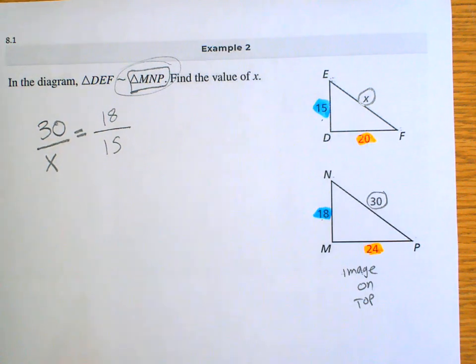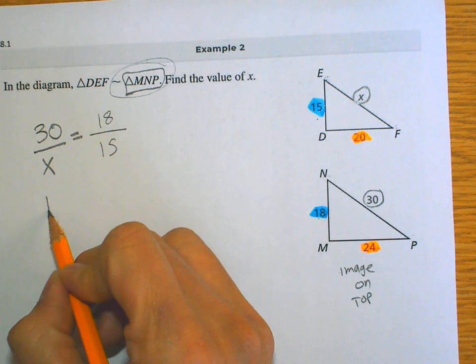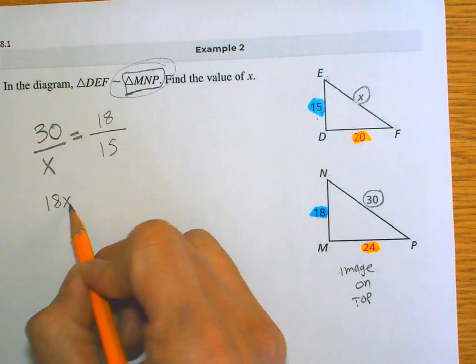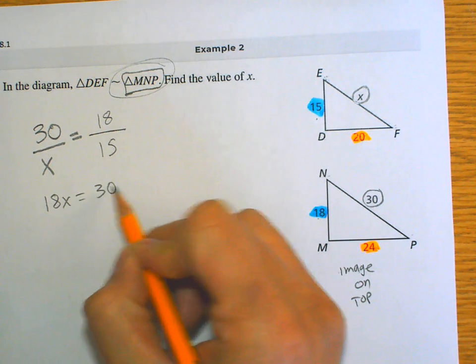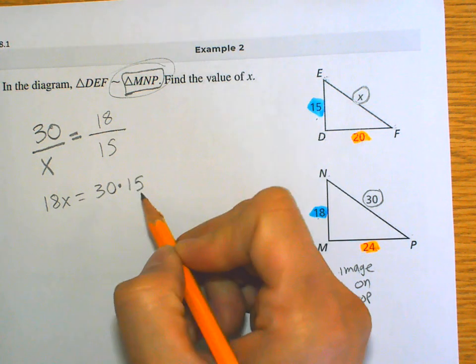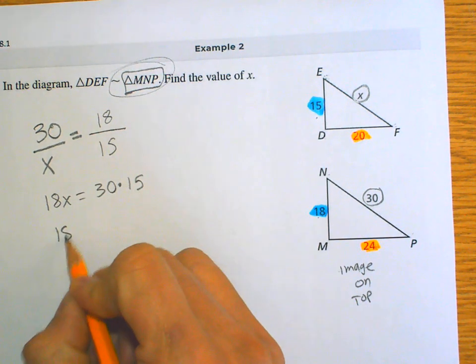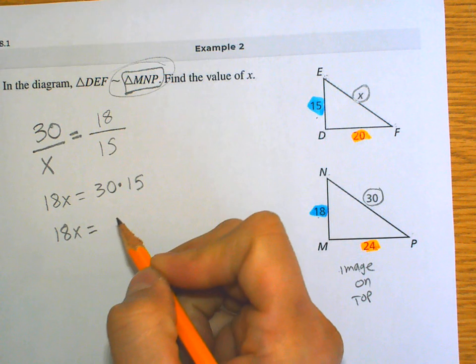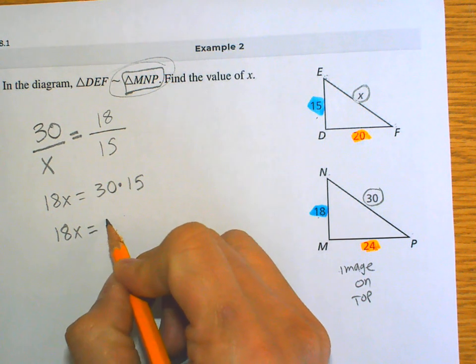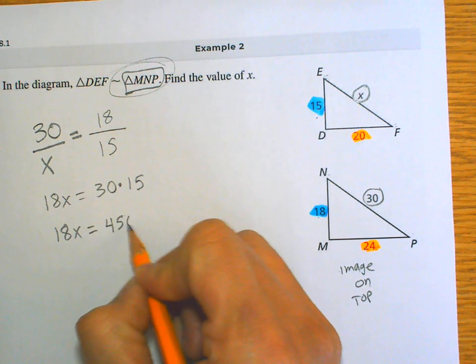Now you have two options. You can reduce first and then cross multiply, or simply multiply across, or do the cross multiplication. That's going to give you 18x equal to 30 times 15. So 18x is going to equal, I believe, 450.